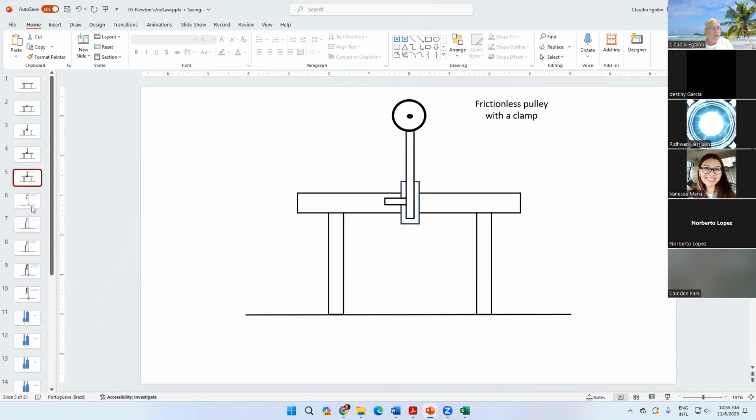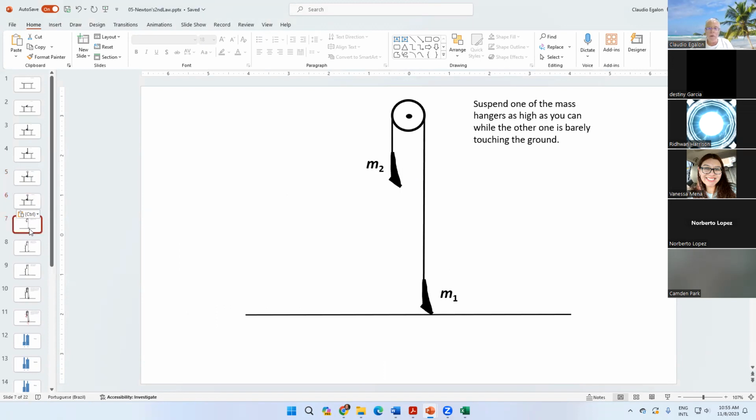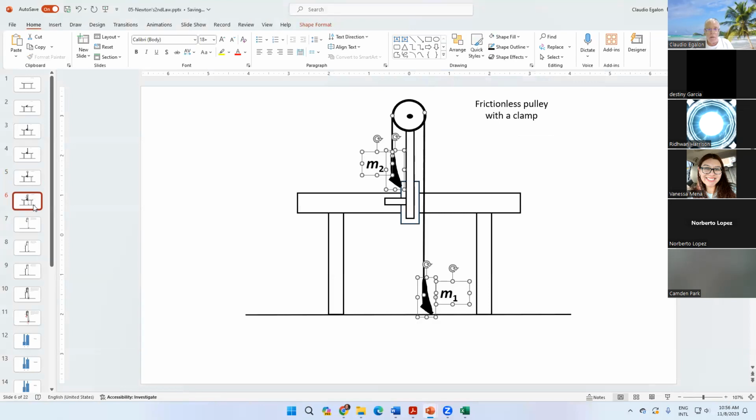Okay, so next, you suspend two mass hangers. See, that's the Atwood machine, right?